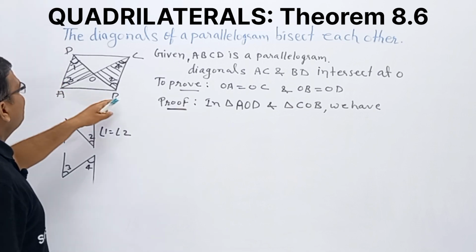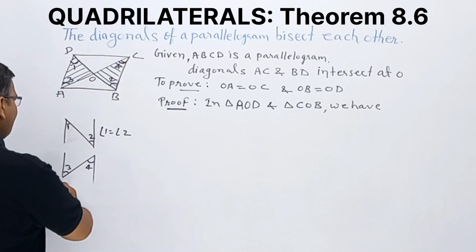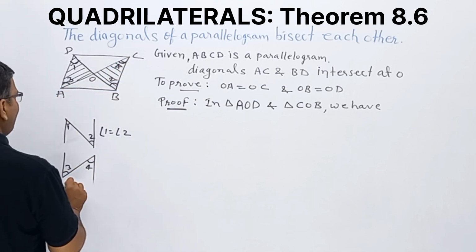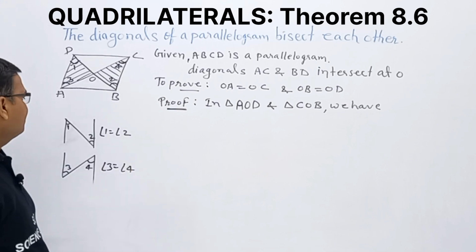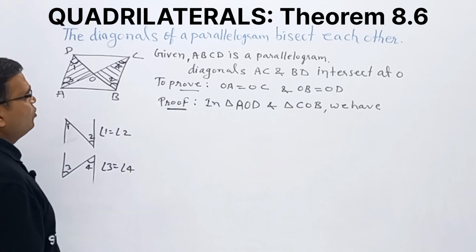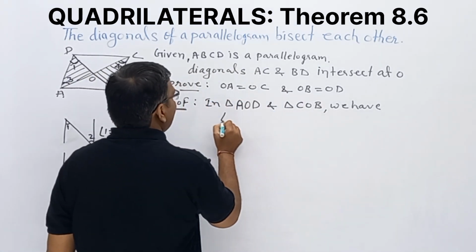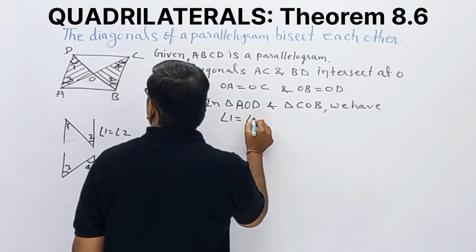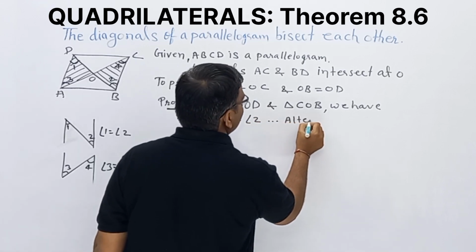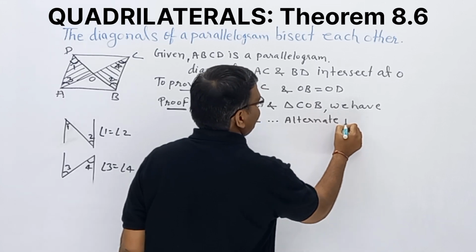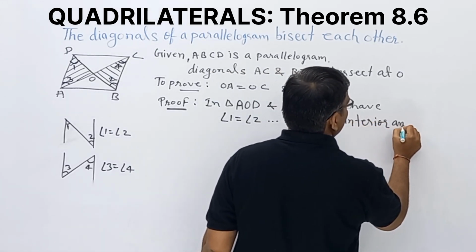Now AD and BC are parallel lines and AC is a transversal. Then we get angle 3 equal to angle 4, alternate interior angles. Clear? So in triangles AOD and COB we have angle 1 equal to angle 2, alternate interior angles.